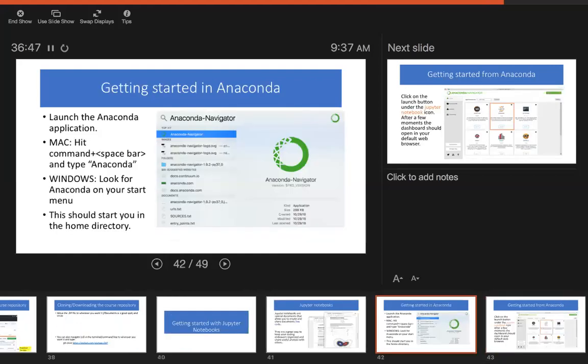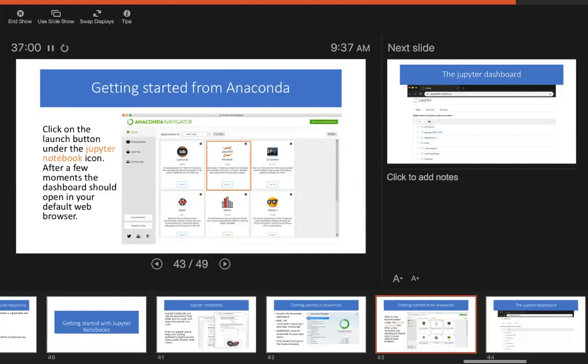So we want to start Anaconda. Search for Anaconda Navigator or go to Applications, Anaconda Navigator, or wherever that is. Once you open Anaconda Navigator, click on Jupyter. This one, not Jupyter Lab, Jupyter.